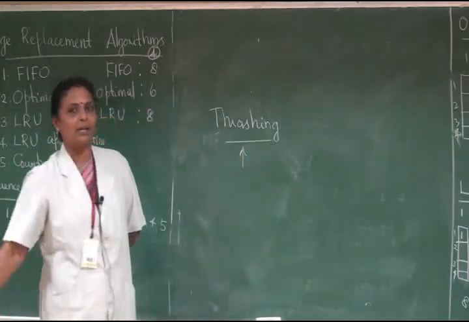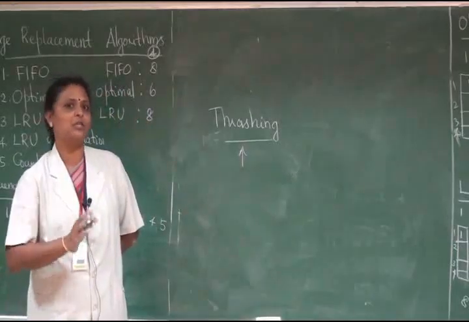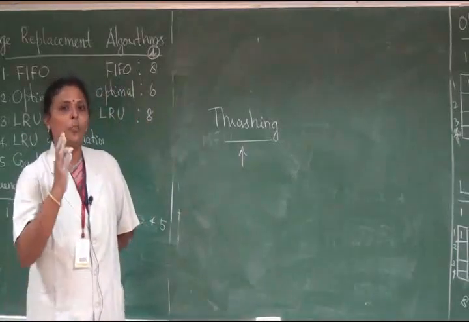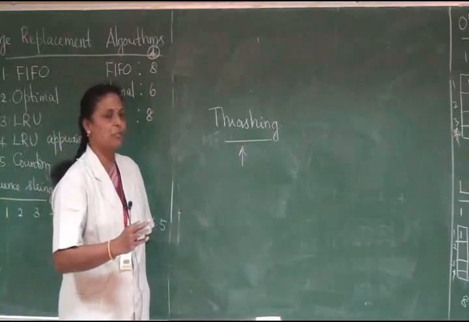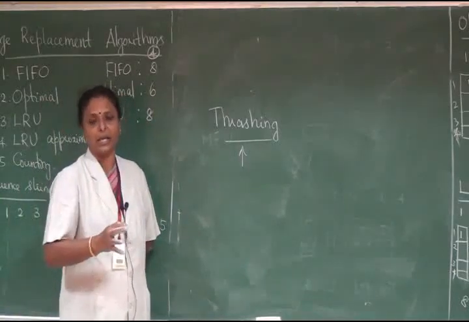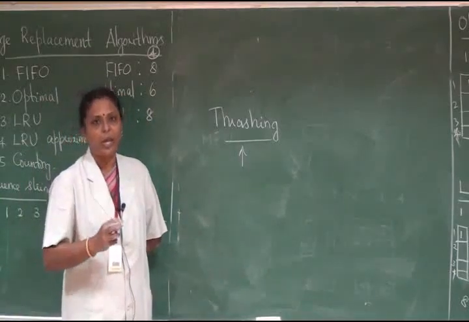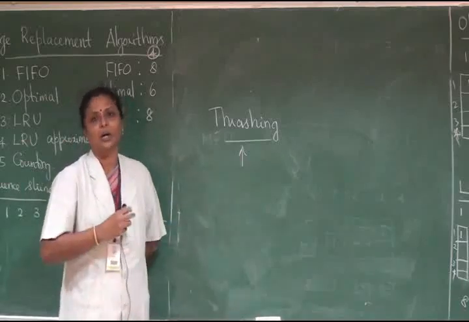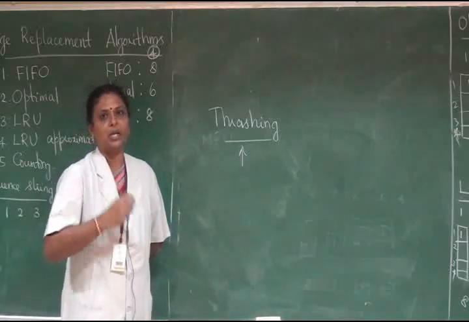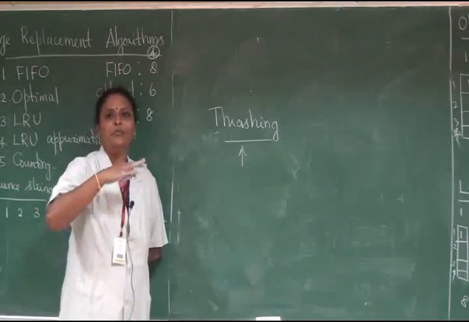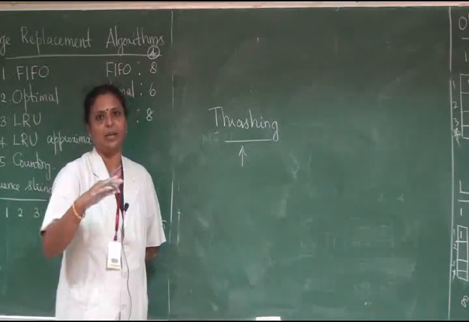If thrashing occurs, then definitely the performance of the system will be degraded. The operating system is responsible for allocating a sufficient number of frames for each and every program which is going to be executed. Only then will the performance of the system be in a stable state.